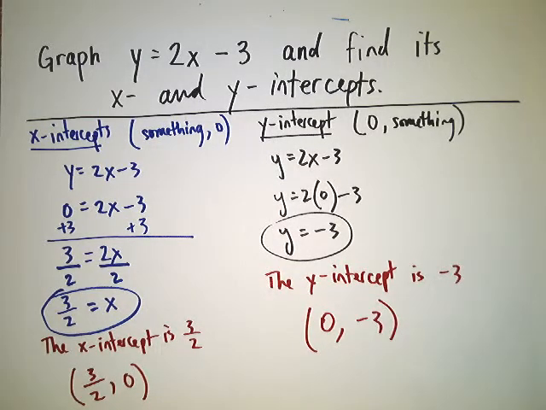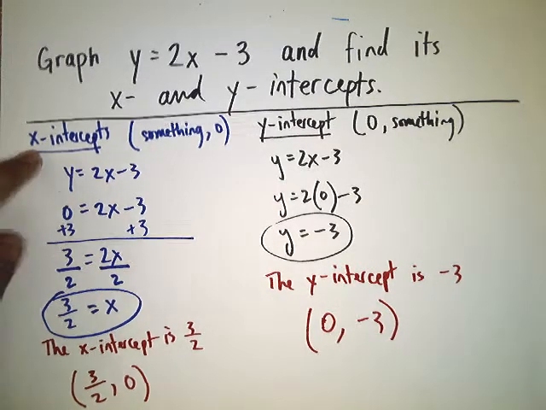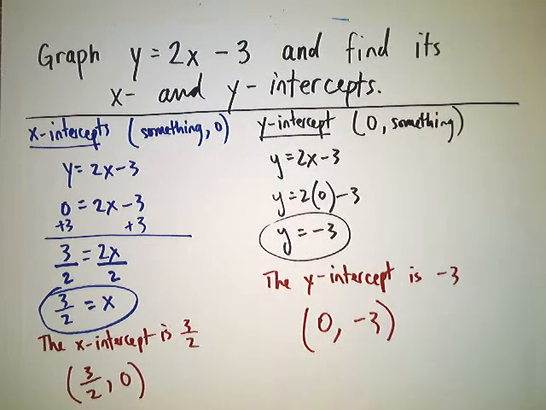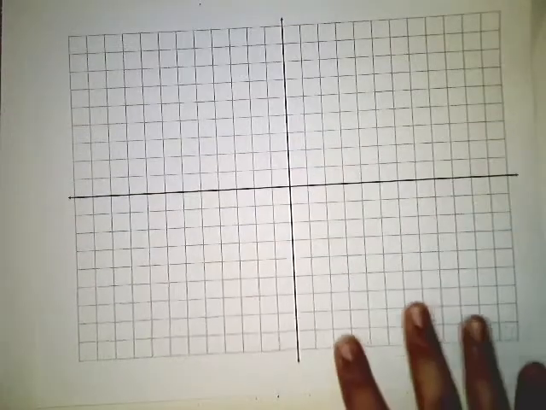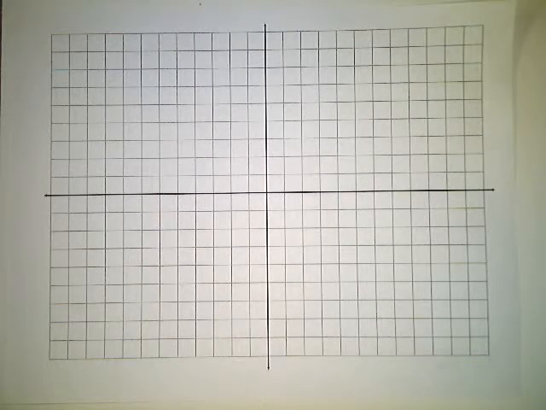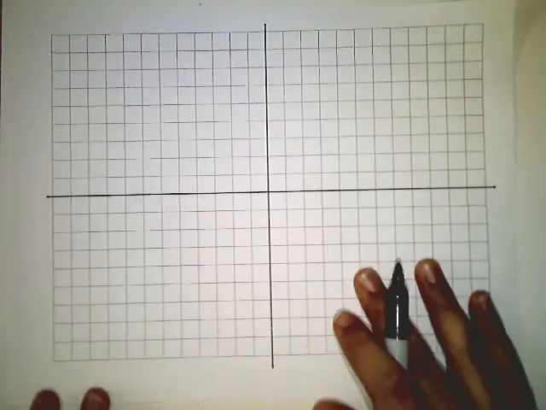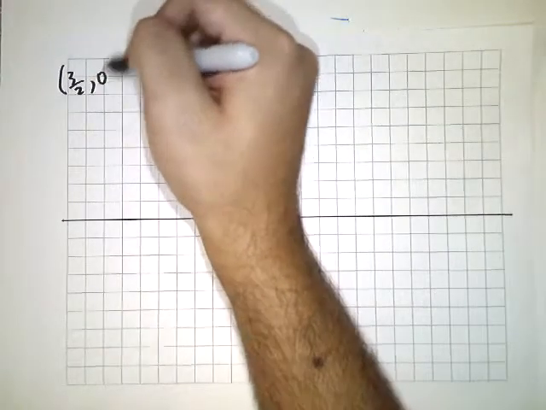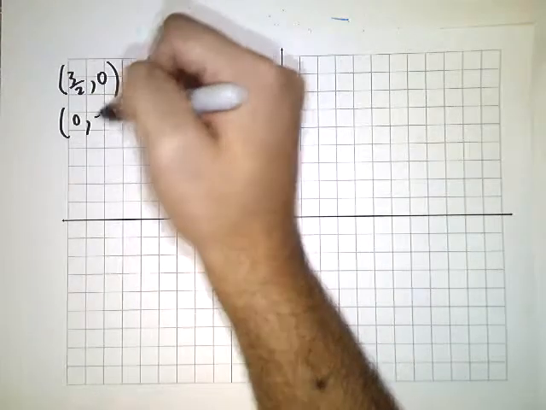So now we have the 2 points that we're looking for, the x-intercept and the y-intercept, 3 halves, 0, and 0, negative 3. So we can go ahead and graph those. I'll write those 2 points on this paper so they're easier for you to see. Those 2 points were 3 halves, 0, and 0, negative 3.